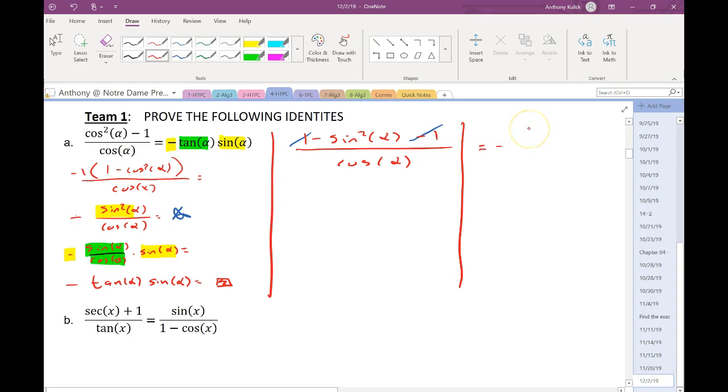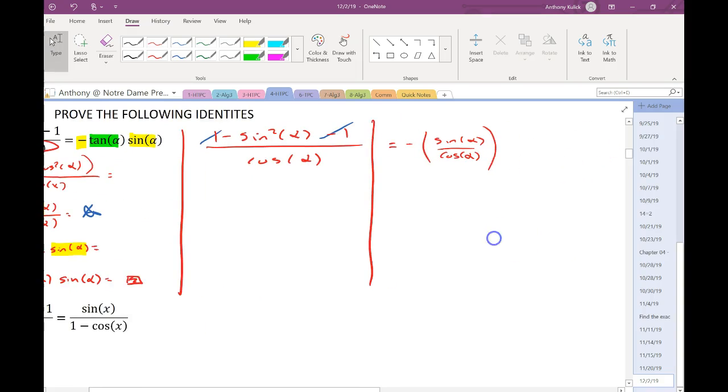So what I would do is I would be concerned about getting this cosine in the denominator. And I recognize right away I can get a cosine in the denominator by rewriting tangent as sine over cosine. When I multiply that all together, I get negative sine squared over cosine squared.